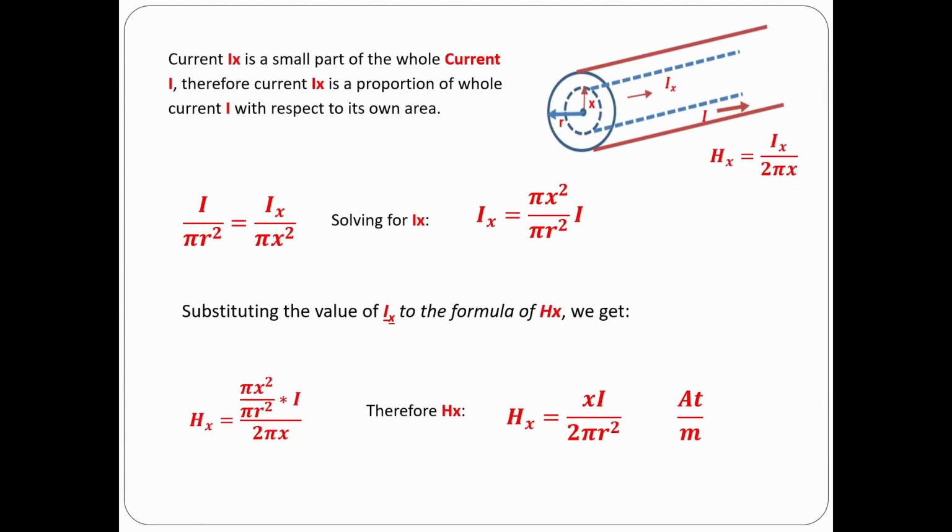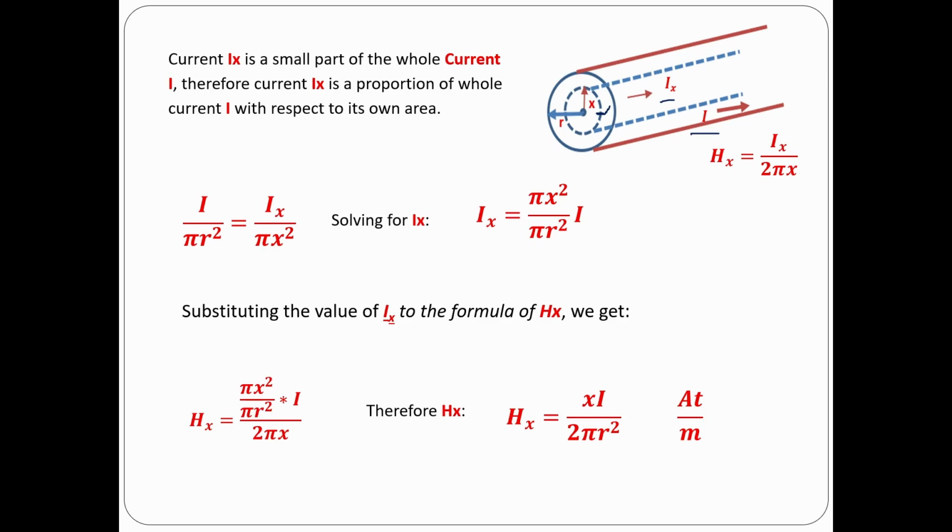Since we are considering only the internal magnetic fields in the conductor, we will notice that current Ix is a small part of the whole current I. Therefore, current Ix is a proportion of the whole current I with respect to its own area.